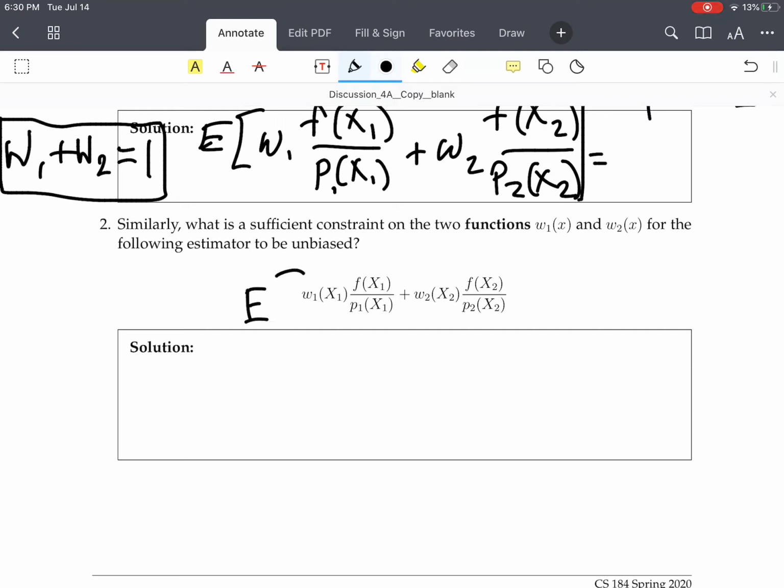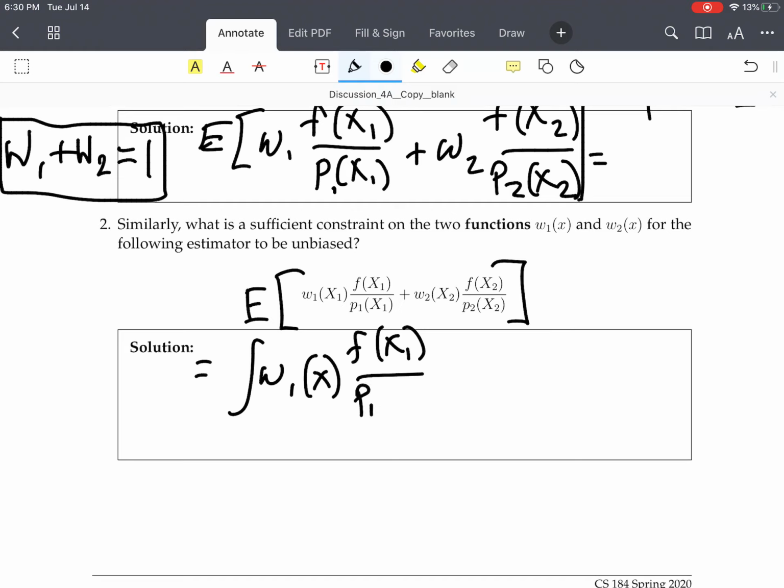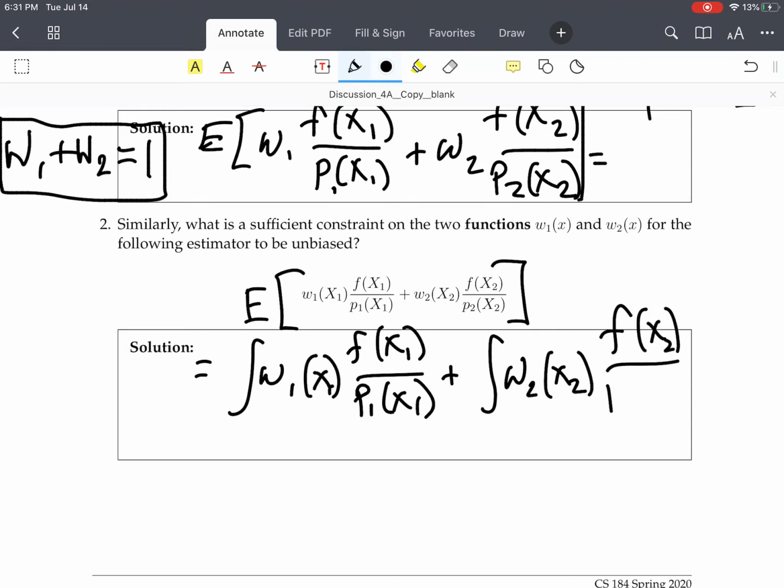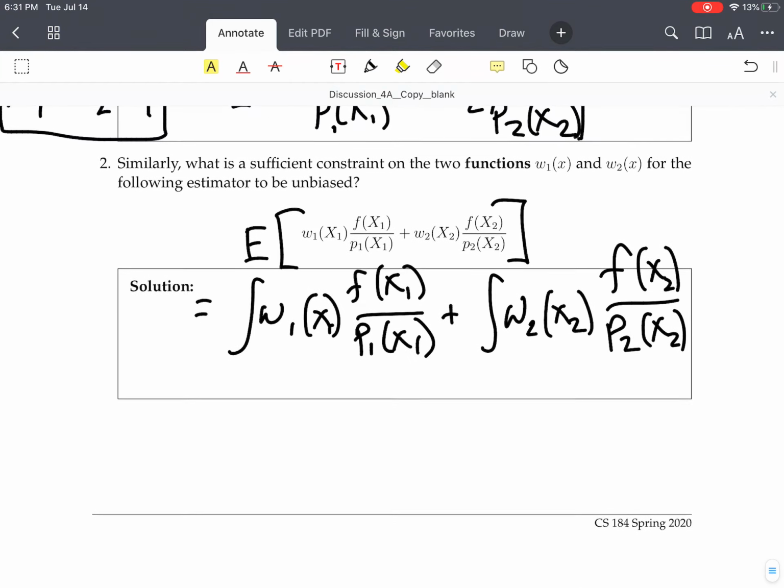I'm going to save myself some space and just put the expectation here. Right, it's equal to, now, we can't pull the W1, W2 out anymore because they're functions, right? So what we're going to do is split this up into two integrals. W1 of x1, f of x1 over p1 of x1, plus another integral, W2 of x2, f of x2 over p2 of x2, right?